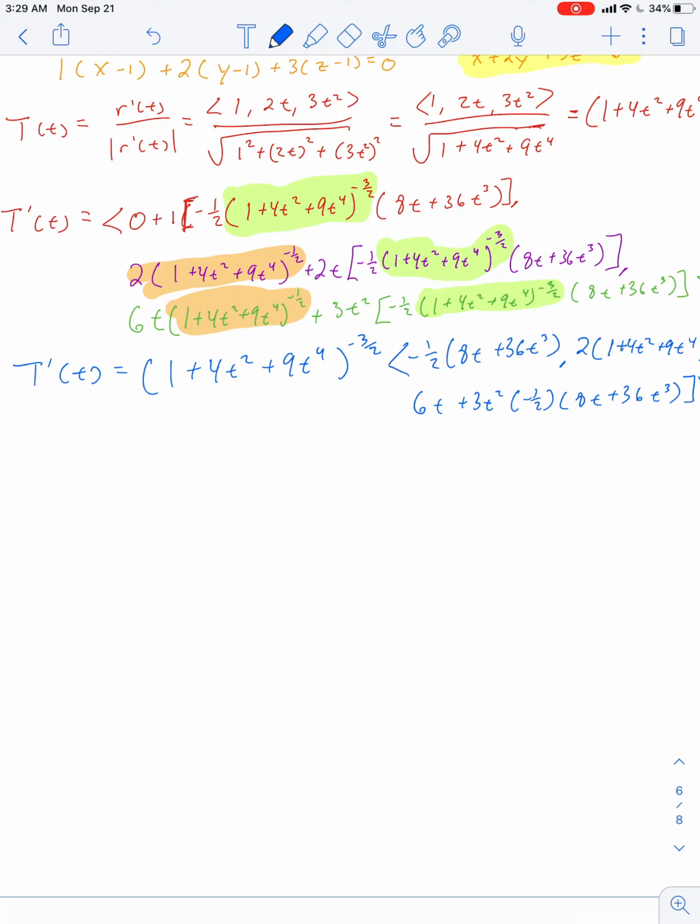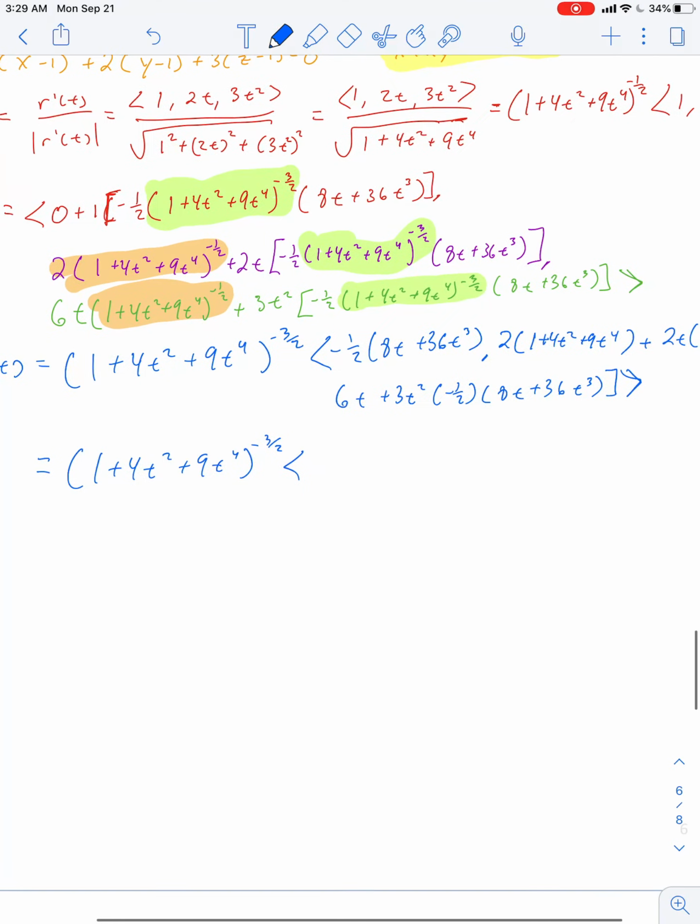And now let's combine everything in there. I'm just going to simplify. You really don't have to, because we have what we need, but I'm going to go ahead and simplify, and I'll show you after. So (1 + 4t² + 9t⁴)^(-3/2), and then simplify. Negative 1/2 into 8 and 36 is just going to give me negative 4t minus 36 divided by 2, which is 18t³.